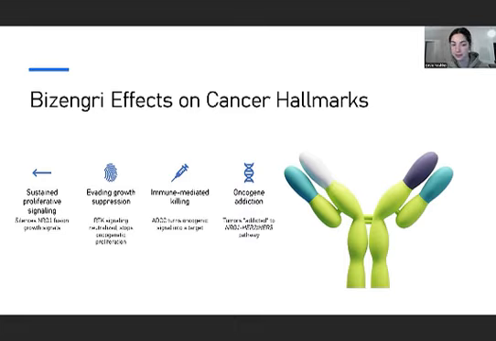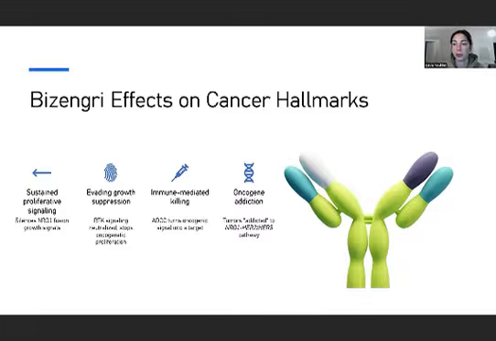We are also affecting evading growth suppression because of, again, those RTK signaling being neutralized because Bizengri is acting as a physical block. We have immune-mediated killing because of that ADCC process, where the drug itself has an Fc binding site, it is able to find our natural killer cells. And when it does this, it is going to bind to the Fc receptor on the natural killer cells and actually tell these cells, hey, the cell isn't supposed to be here.